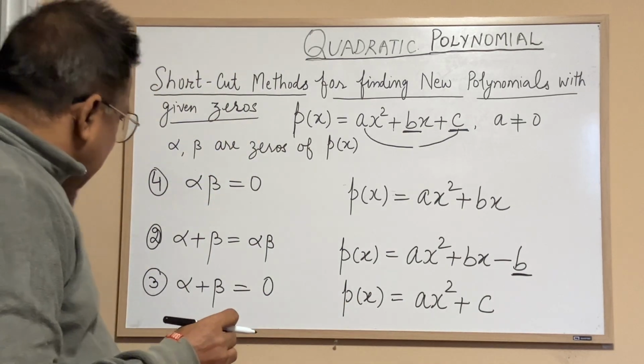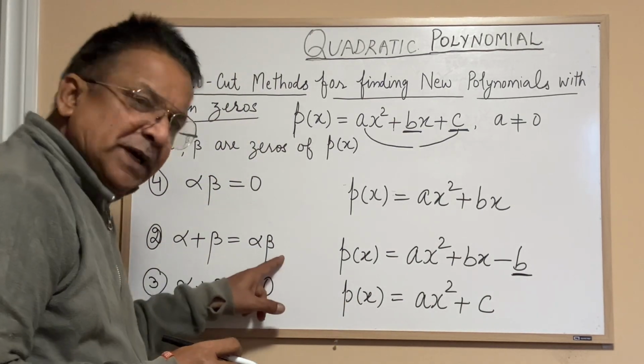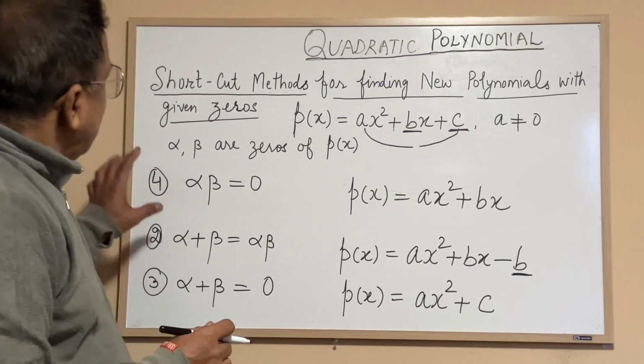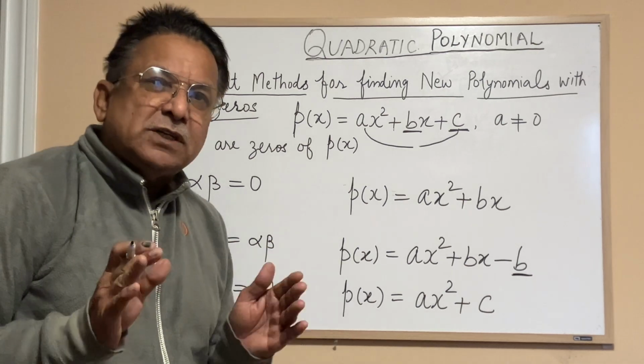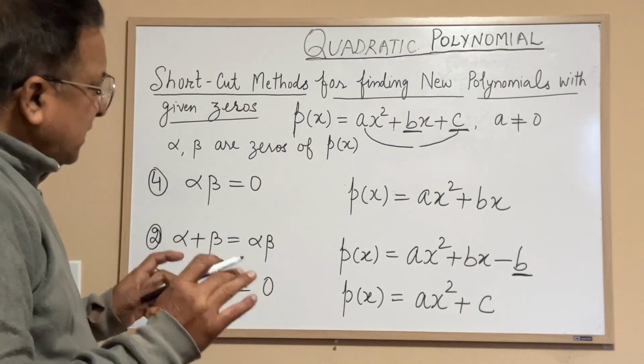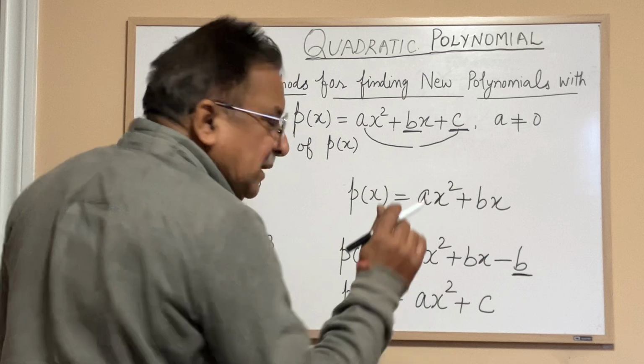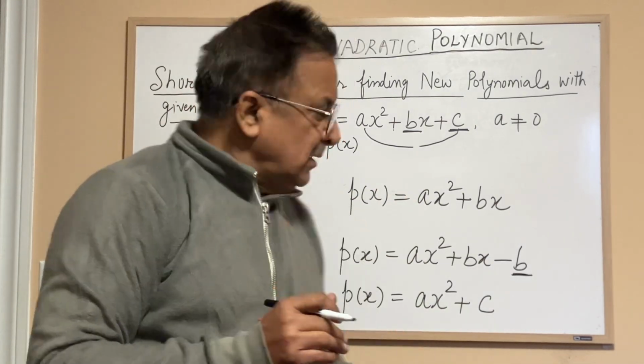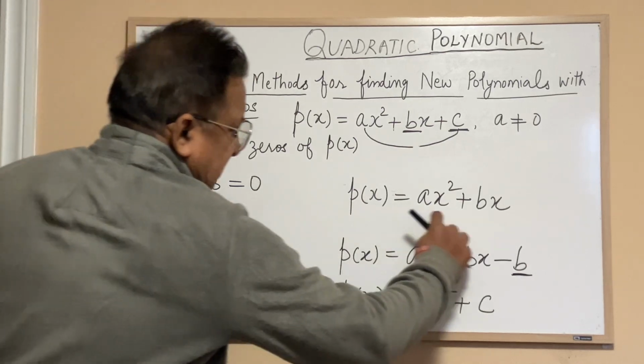Second case is sum of zeros equal to product of zeros, third is sum of zeros equal to 0, and fourth is product of zeros equal to 0. When we identify any equation in an objective type question in a competitive examination, just look at this fact.